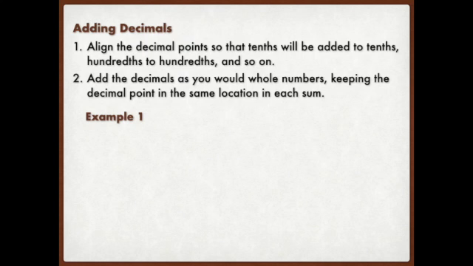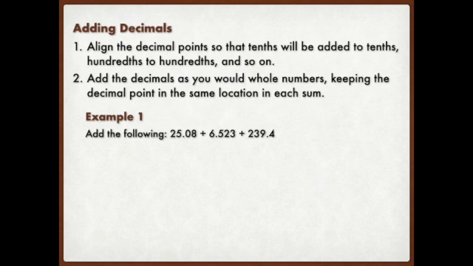Number 2, add the decimals as you would add whole numbers, keeping the decimal point in the same location. So let's look at an example. 25.08, 6.523, and 239.4.